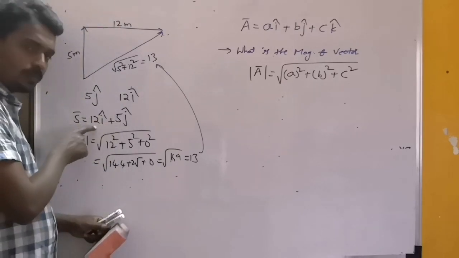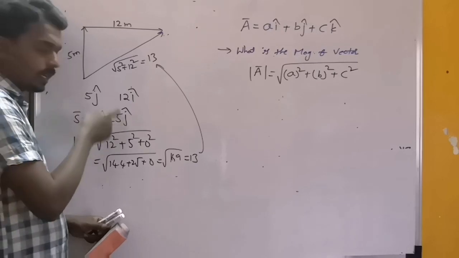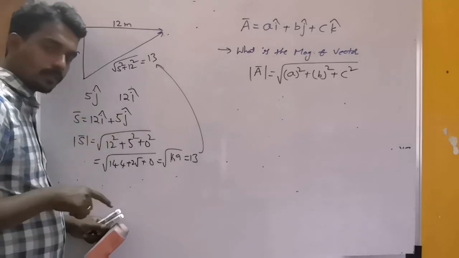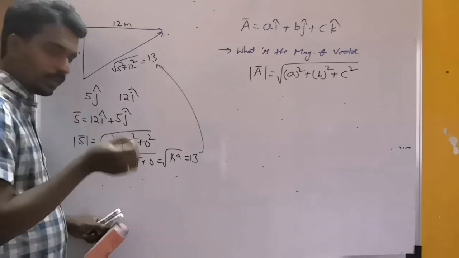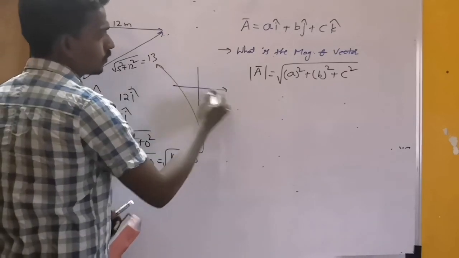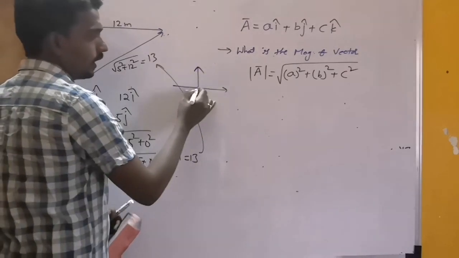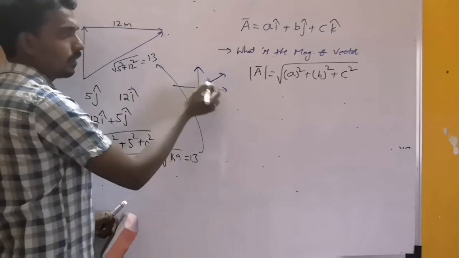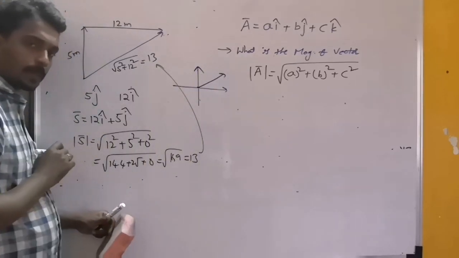Here what is the displacement you got? i cap plus j cap, so positive x, positive y. That means if you take the xy direction, the vector direction must be in between positive x and positive y.